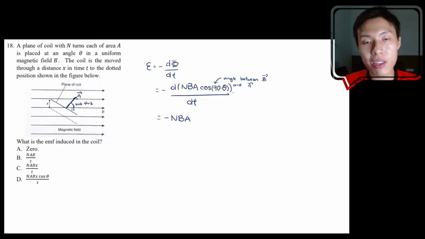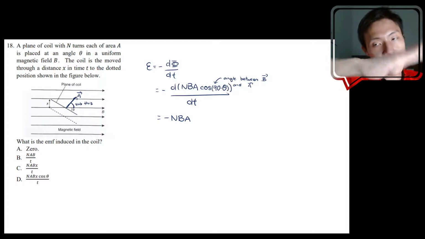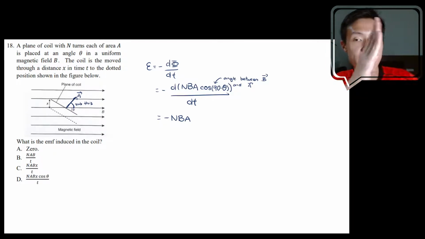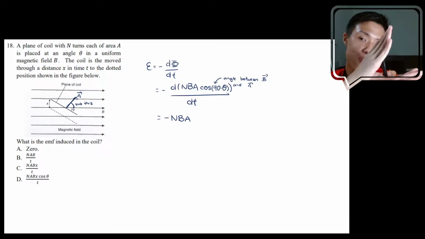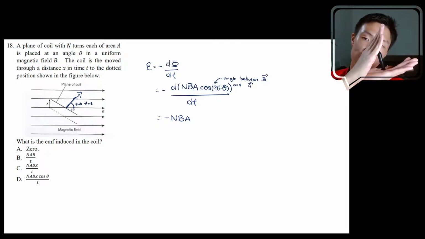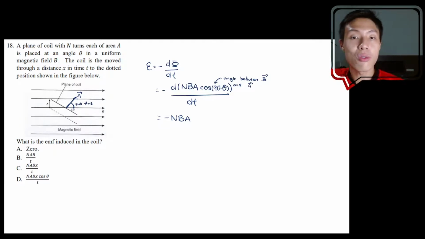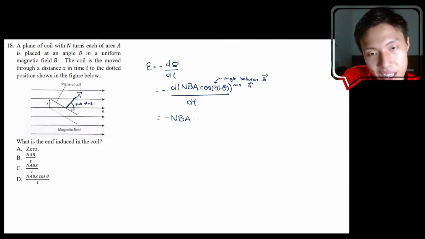But the important thing is you are not rotating the coil. You are not changing the direction of the area vector. You are not changing the direction of the magnetic field. So the angle between the area vector and the magnetic field will remain constant. If it remains constant, it will not change with time. So technically you can bring this out as well.